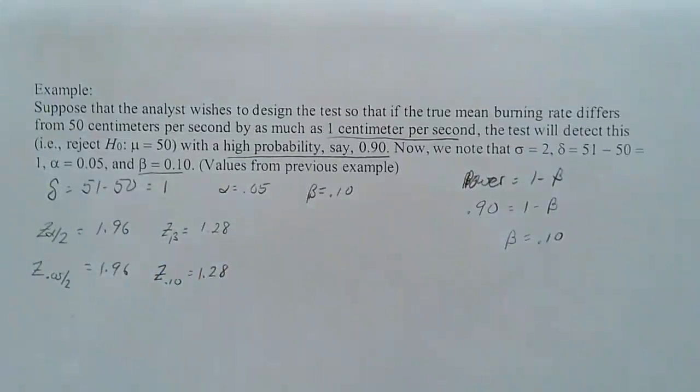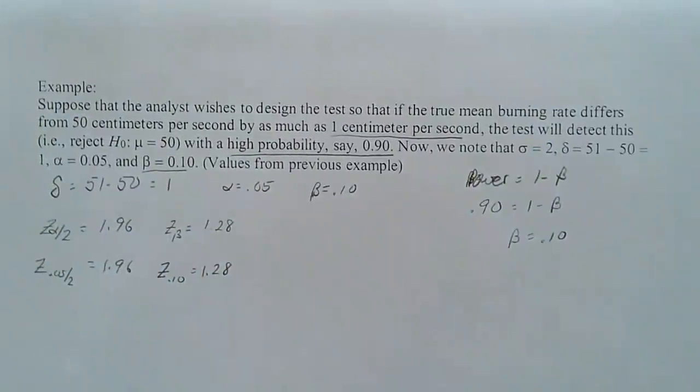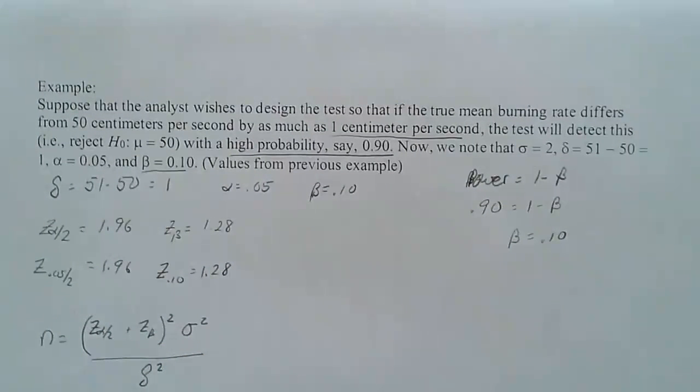And now I'm going to be able to look at the formula here. And the formula was that n is equal to z of alpha over 2 plus z of beta squared times the standard deviation squared divided by the difference between the sample size and the mean squared.